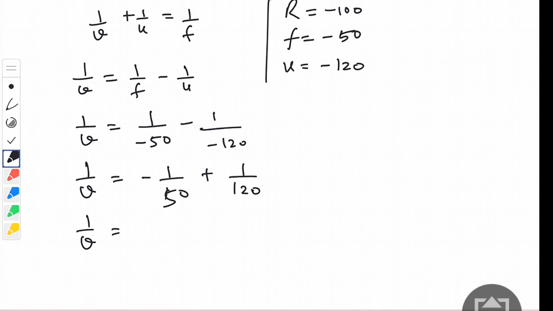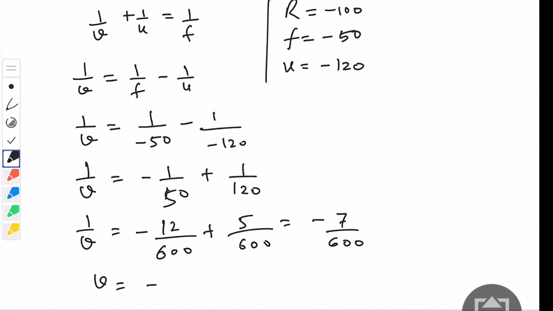If I multiply numerator and denominator here both by 12, I get 12 upon 600, plus, multiplying both of them by 5, I get 5 upon 600, which is equal to minus 7 upon 600. So v is going to be equal to minus 600 by 7 centimeters.